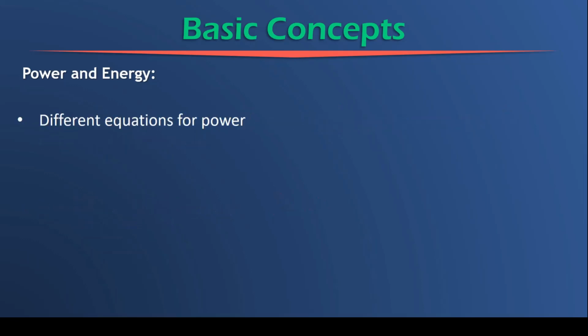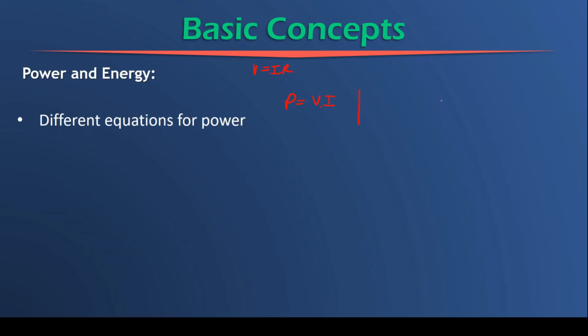So there are different equations that we can use to determine power, and these are just extensions of the equation that we've derived in the previous slide and Ohm's law. So power is equal to voltage times current, and Ohm's law, which we know as the voltage is equal to the current multiplied by the resistance.